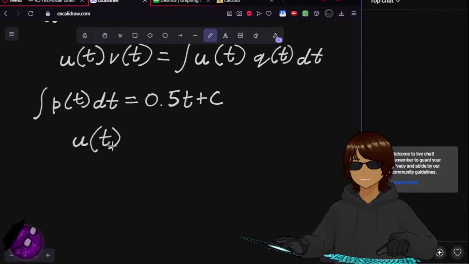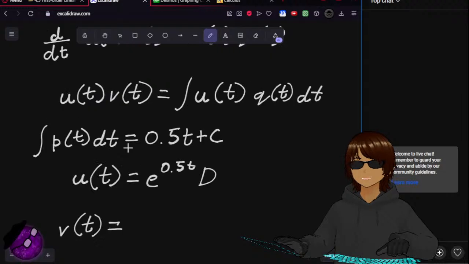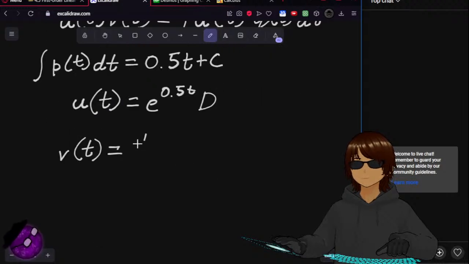So u(t) is equal to e to the power of 0.5t. So then v(t) is equal to 1 over u(t), but I can write d but it will cancel out later.